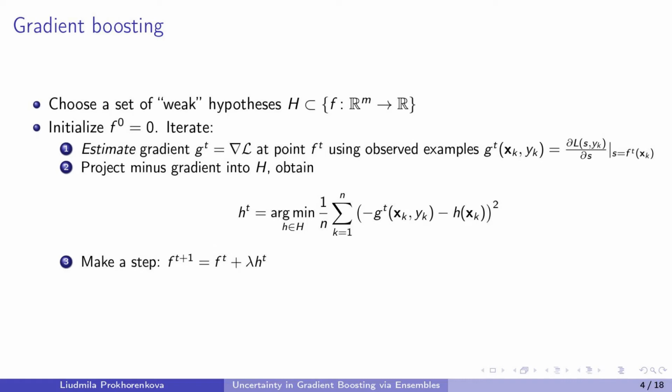Then, we approximate the minus gradient by a weak learner from the family H. Finally, we multiply this weak learner by the learning rate and add it to the current model. After t steps, we obtain a strong model Ft. Informally, this procedure can be thought of as gradient descent in a functional space.